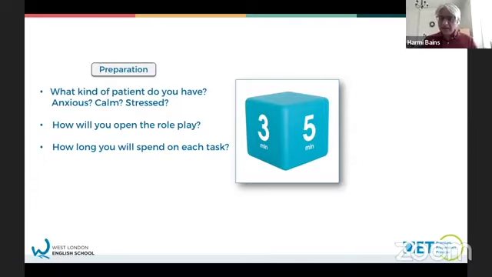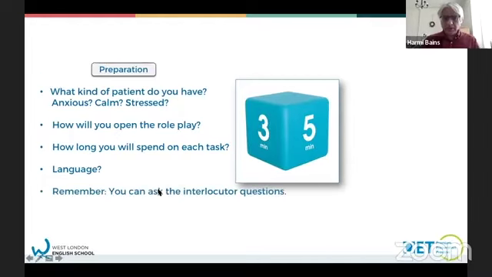Think about your language as well. You may need language of reassurance. You might need to be using some kind of sympathetic phrase as well.